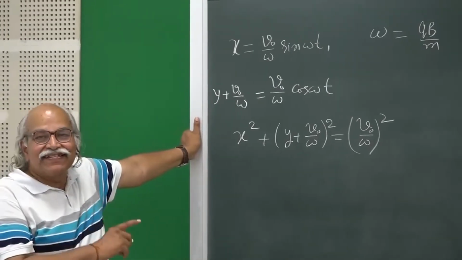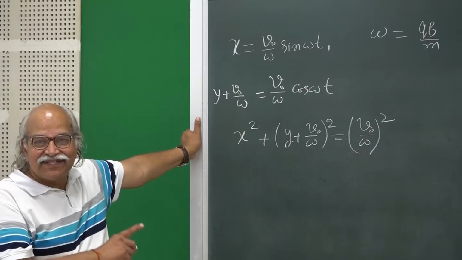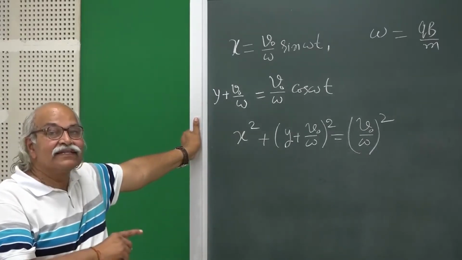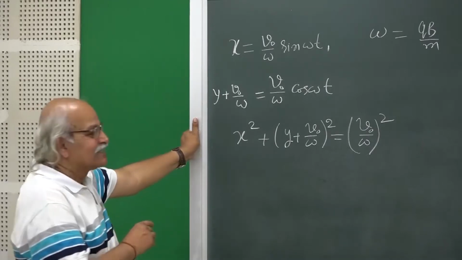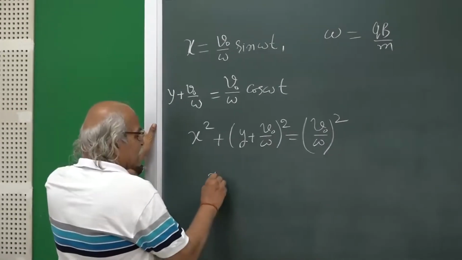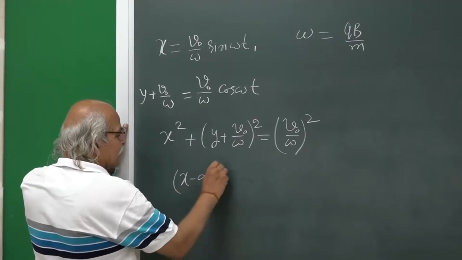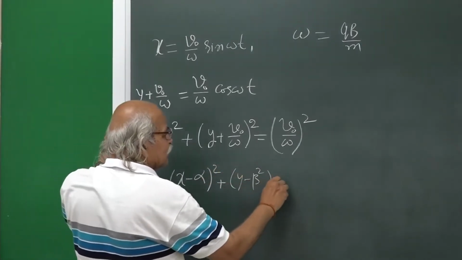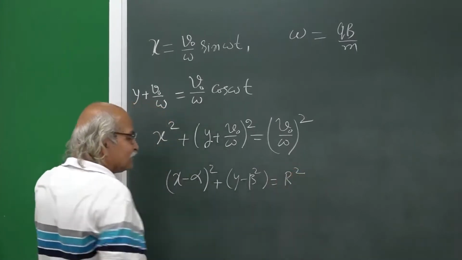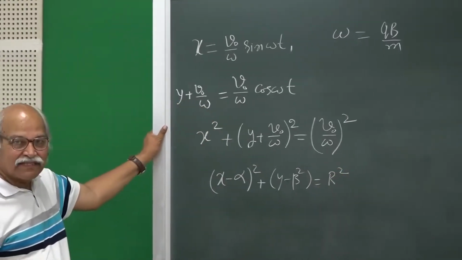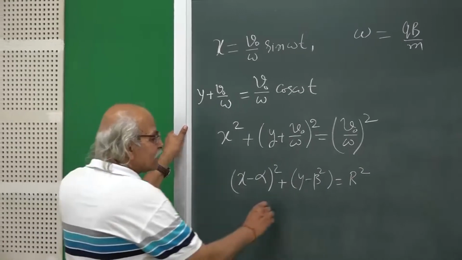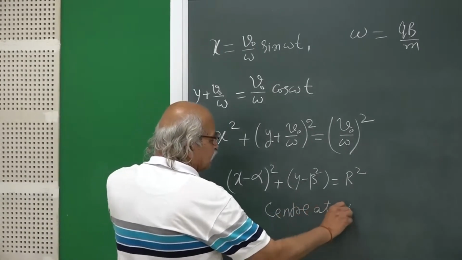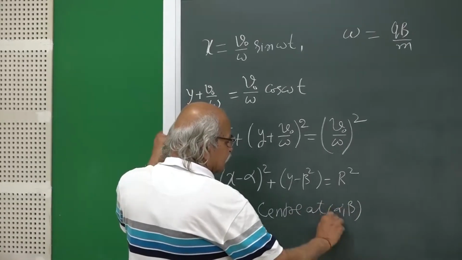And what curve is this? This is the equation of a circle, right? If you write x minus alpha square plus y minus beta square is equal to some r square, this is the equation of a circle with center at alpha beta and radius r.